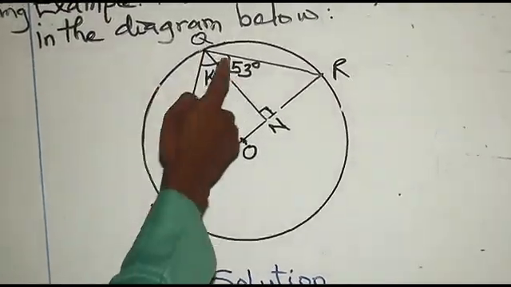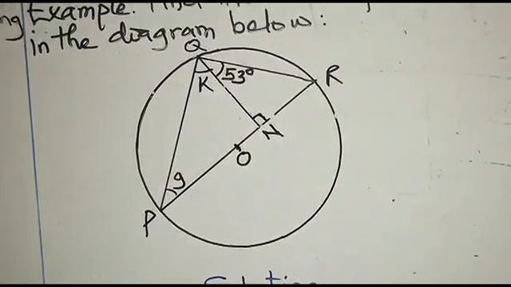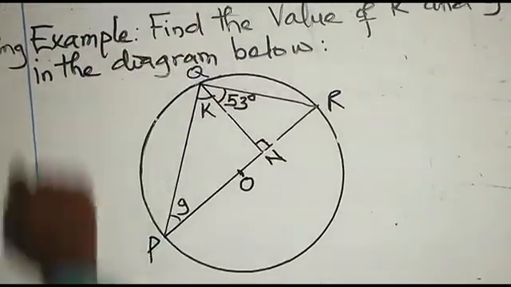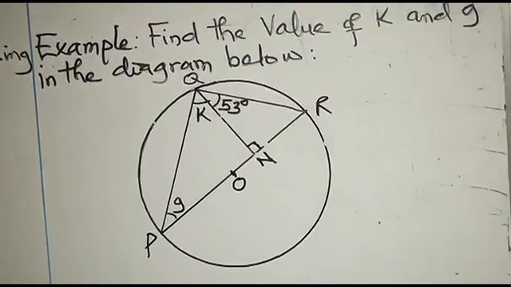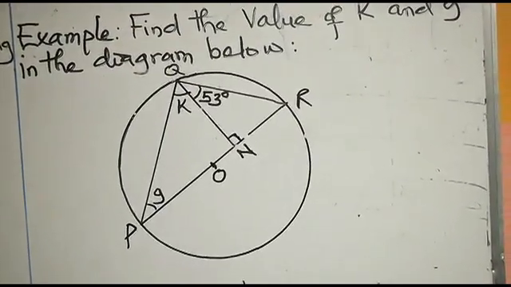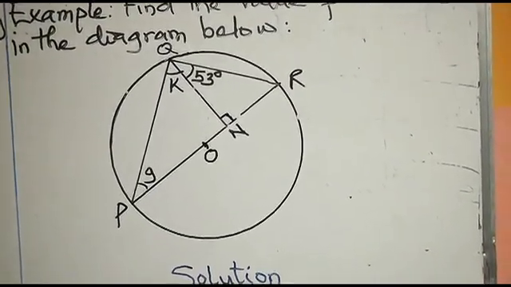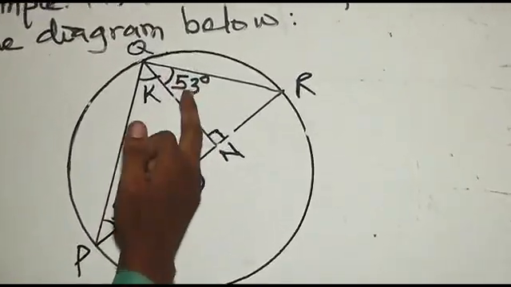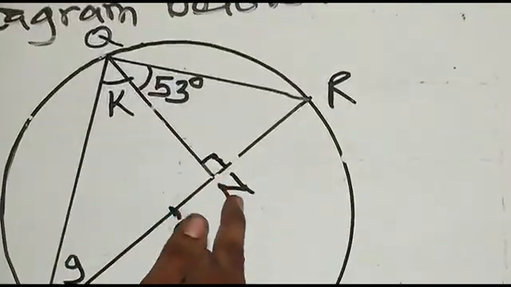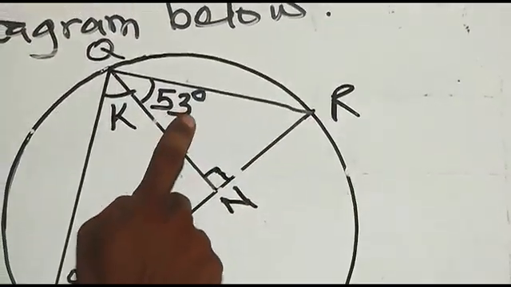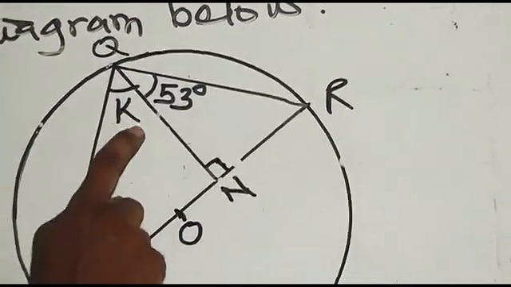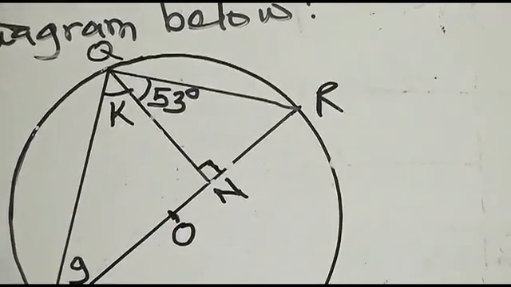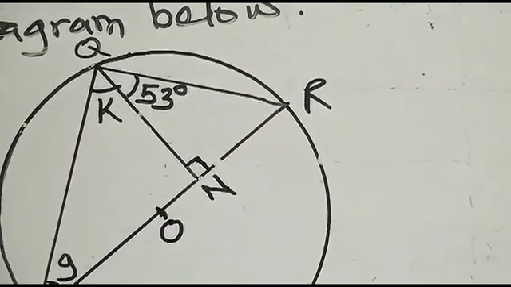So the angle at Q definitely is the angle in a semicircle. And we're given an angle NQR which is 53 degrees. We have to look for K.